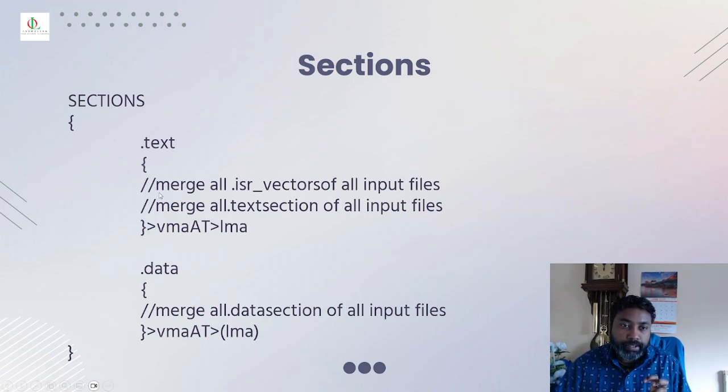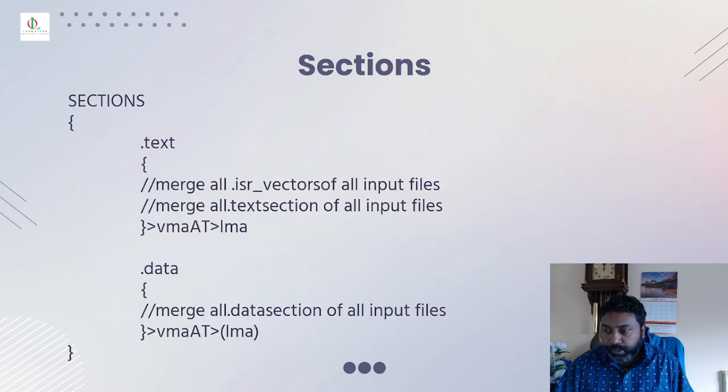So open the braces and merge all ISR vectors of all input files and merge all .text sections of all input files. Then you use the AT command to have VMA and LMA, I'll tell you shortly what they are. Then you group the next section as .data, merging all .data sections of input files, and again I'll show you the VMA and LMA. So this is how you write your sections.